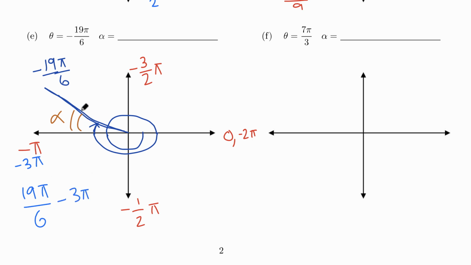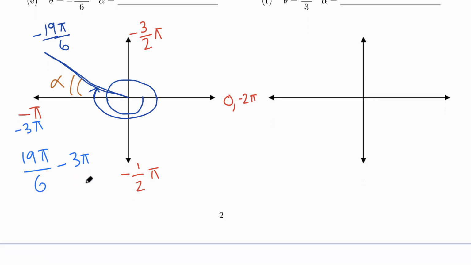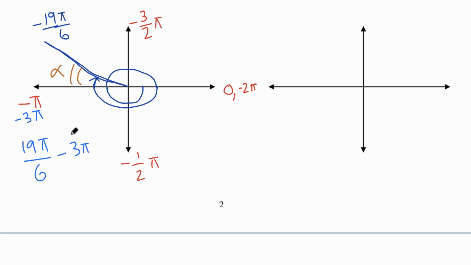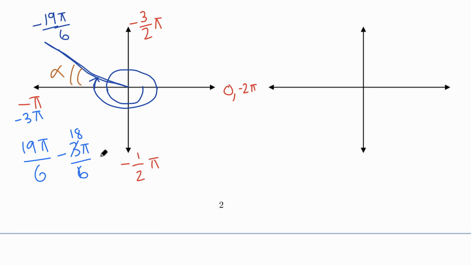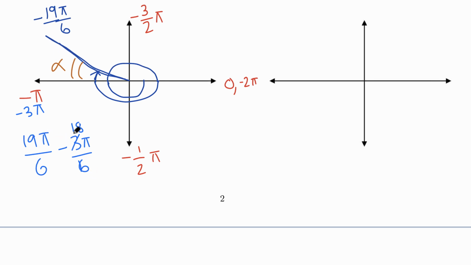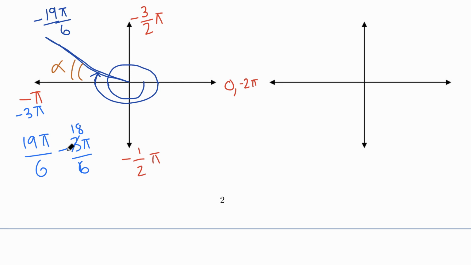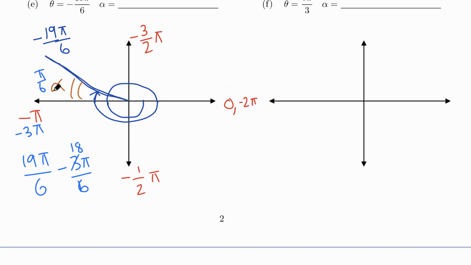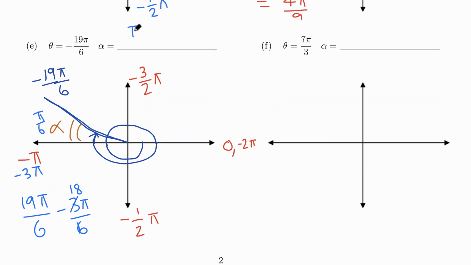We are just finding the difference, so I'm not considering negatives. 3 pi is 6 times 3, 18 pi over 6. With common denominator 6, 19 pi minus 18 pi is 1 pi over 6. So the reference angle is pi over 6.